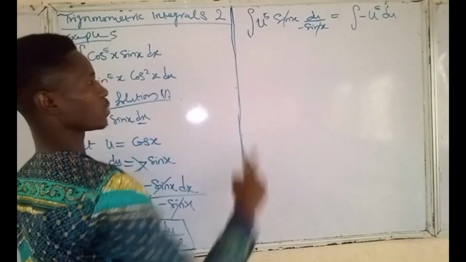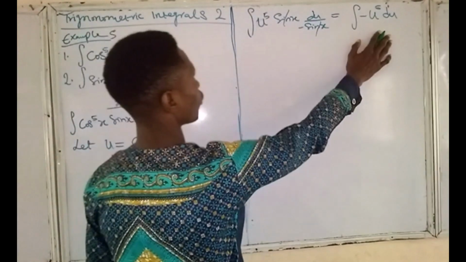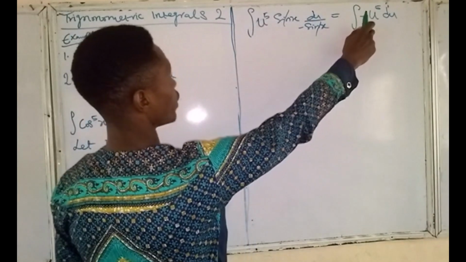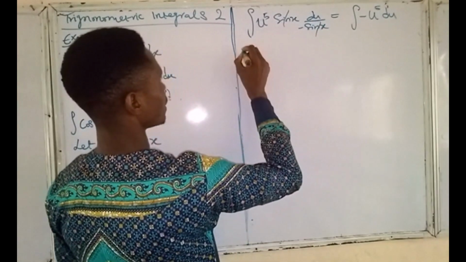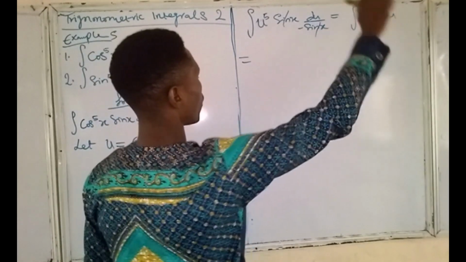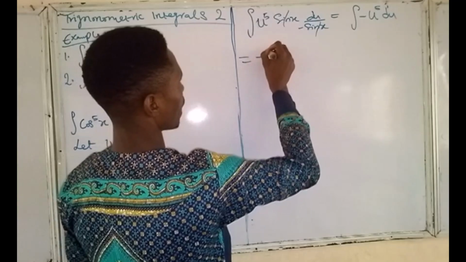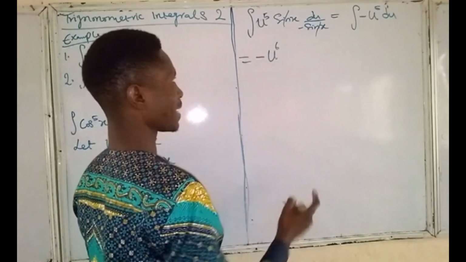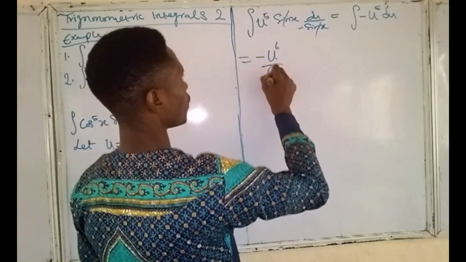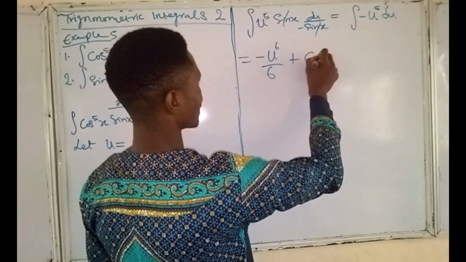This minus multiplies backward. And then we now have a single variable for our function. So we integrate. If we are integrating this, remember we are increasing the power by 1. So this will give us minus u raised to the power of 6, and still make it the denominator of the variable, all over 6 plus c.